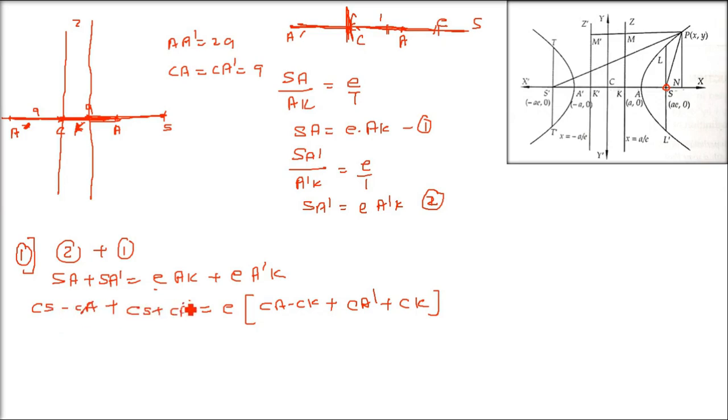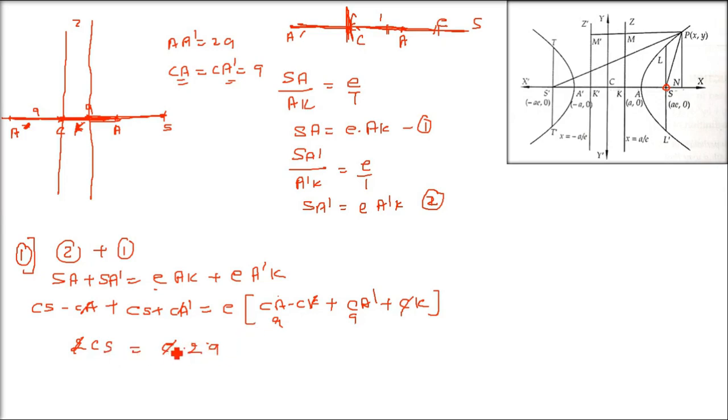Now if you see, CS minus CA and CA dash get cancelled because they are a and a. Here CK gets cancelled. So you'll get e into CA plus CA dash, which is what? CA is a, CA dash is a. When you add them, you're going to get 2a. So just cancel these 2, you'll get CS.